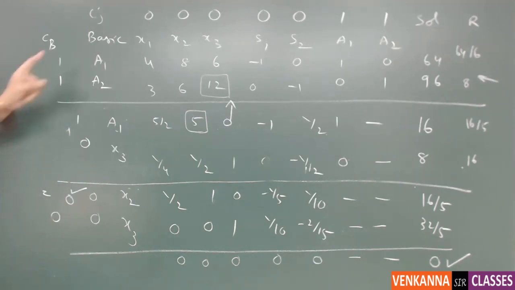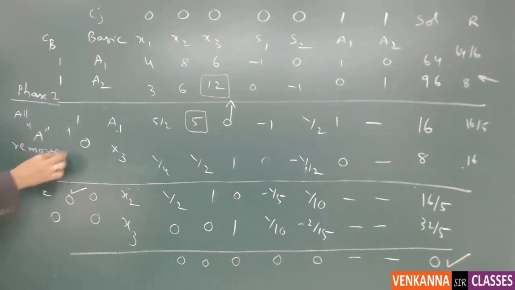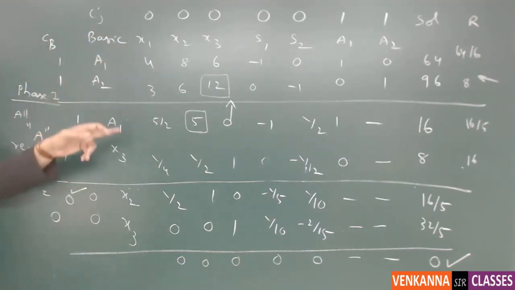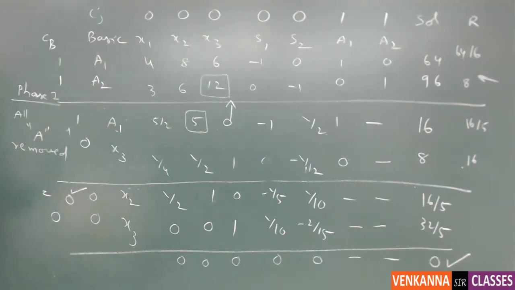To check the optimality under the two-phase method, under phase 1, all the artificial variables must be removed. While constructing these tables, all of A1, A2, A3 must be removed and replaced by the variables x1, x2, x3. If this is done in the procedure, it means you are going to get the optimal solution in the construction of the second phase table.